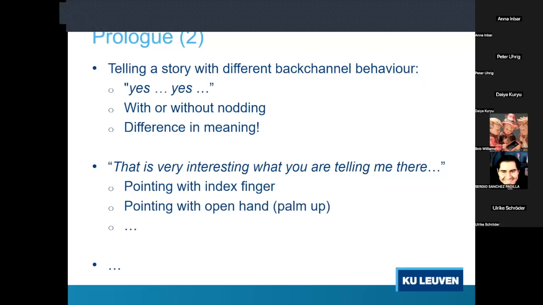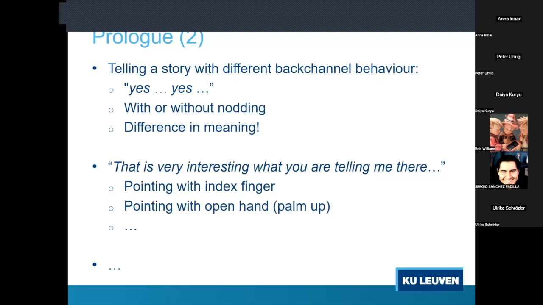Okay. Final situation, just to show you that the meaning is not just about analyzing the wordings. If I would say, that's very interesting what you're telling me there, or that's very interesting what you're telling me there, then I'm using exactly the same words, but I'm using an index finger, and I'm individualizing you.